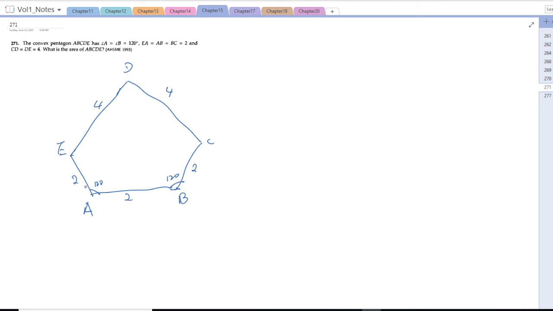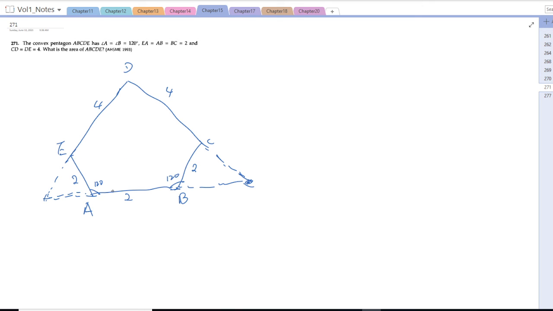Okay, so my first thinking is I always want to make a triangle, right? So let's see which is easy to see. Okay, if we can get the whole triangle, right, and we take out these two smaller triangles, we can solve the problem, right?